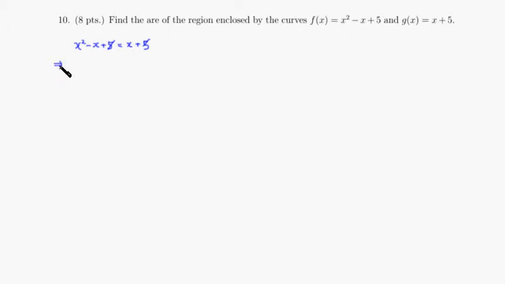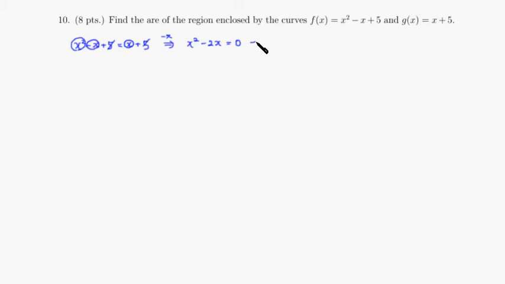So we have x squared is already there, then you have negative x, subtract this, so negative 2x. So that takes care of this guy, and this guy is gone. So this is going to be 0.